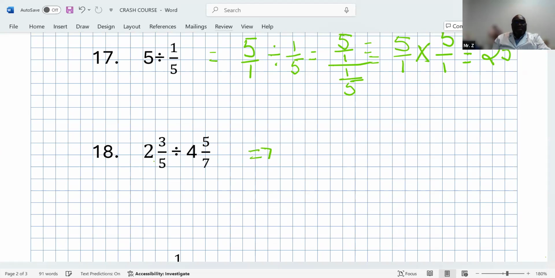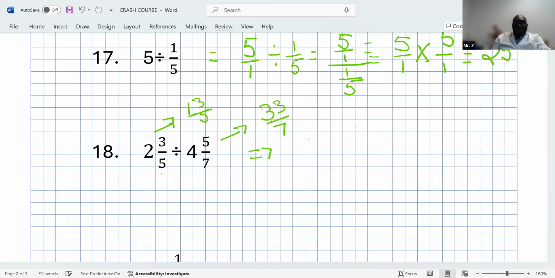The first one, if you convert this, you're going to have what? 5 times 2, 10. 10 plus 3, 13. So you're going to have 13/5. Let's do this right here. We're going to have 7 times 4, 28. 28 plus 5, you're going to have 33. So now you've got 33/7.